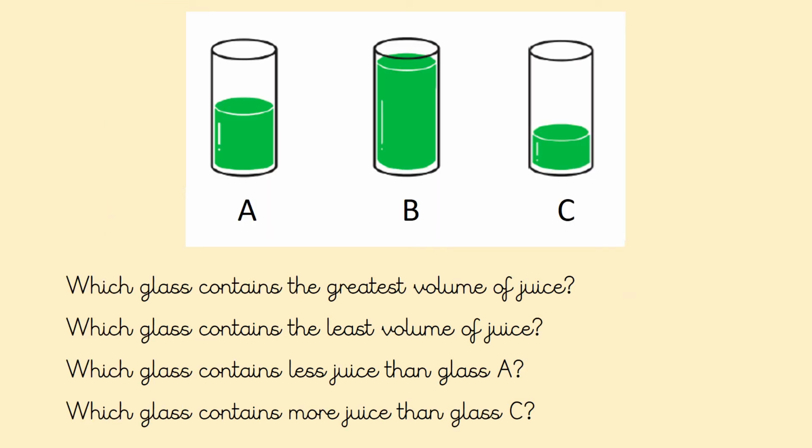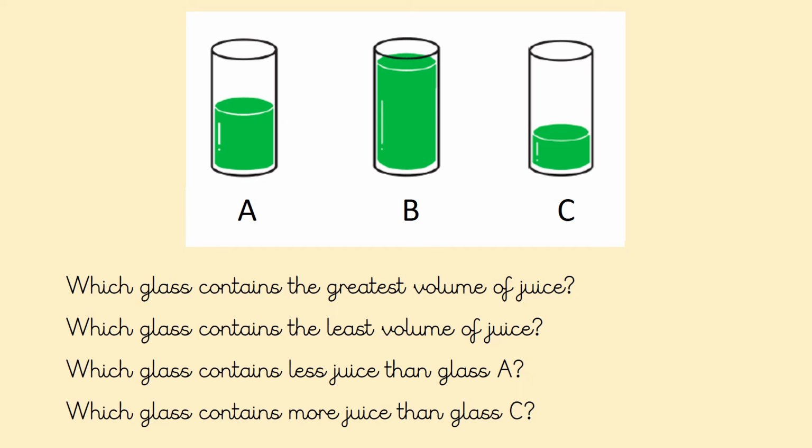And we can compare capacities just using pictures as well. It's a little bit harder than using real tubs and real liquids, but we can do it. So if we have a look at this picture of 3 glasses of green juice, we can answer the questions. Which glass contains the greatest volume of juice?